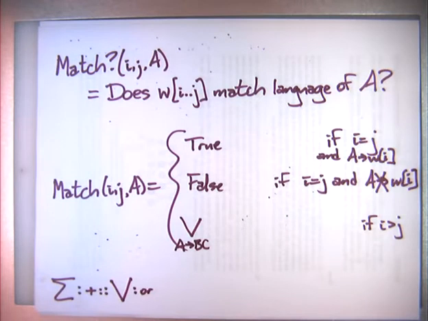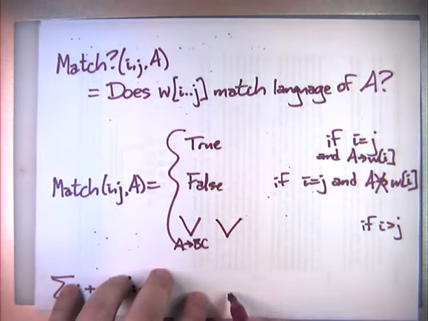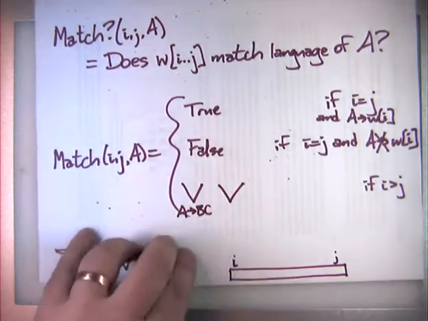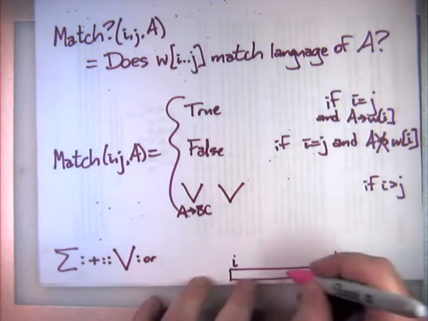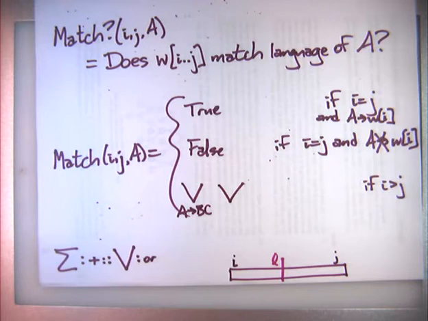And then for each production rule, I'm going to try all possible ways of breaking up the string. So I have the string now that starts at index i and ends at index j. I need to figure out where to split it. And to specify that, I'm going to tell you where the left part of the string ends.